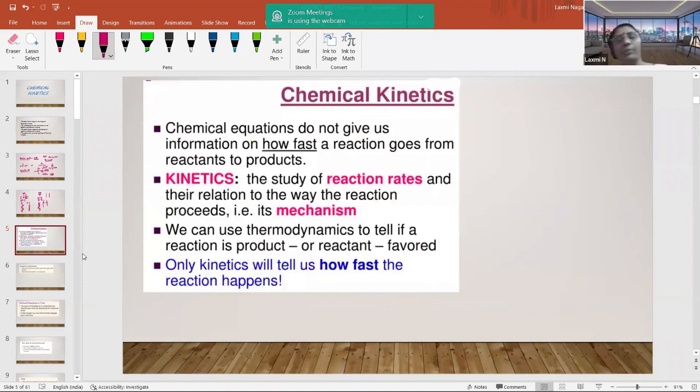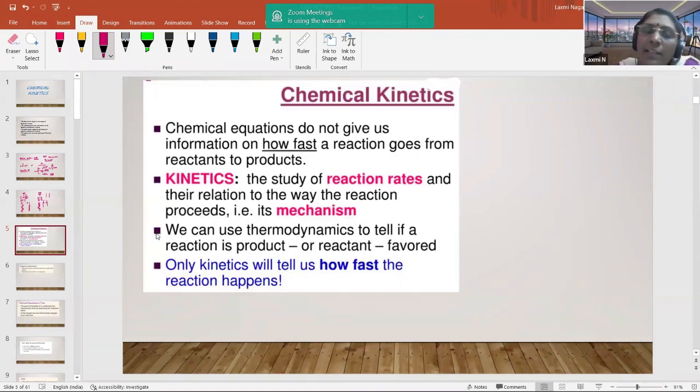Okay, coming back to our chemical kinetics. Chemical kinetics, as I said, talks about the kinetic angle of a chemical reaction. As I said, there are two sides of a chemical reaction. One, whether it is feasible or not, and the second is whether it is fast enough to give us enough products.